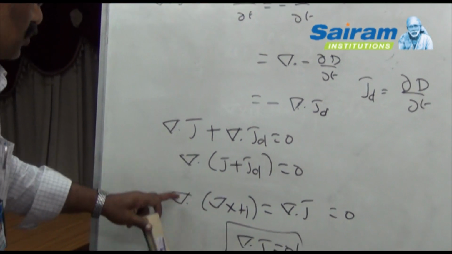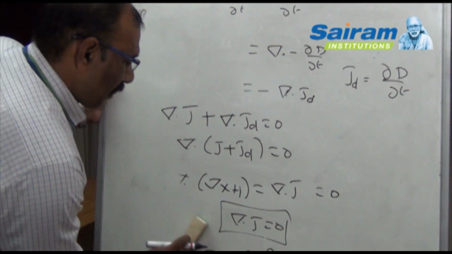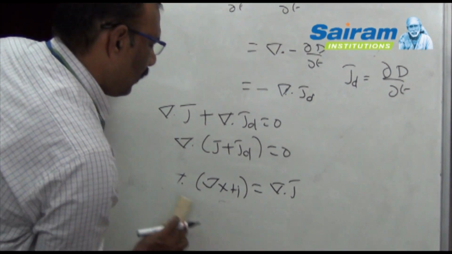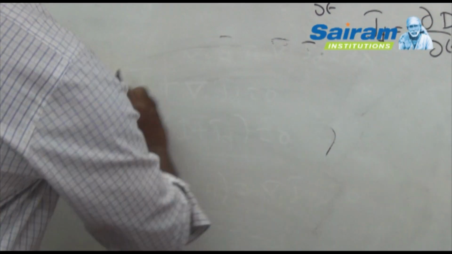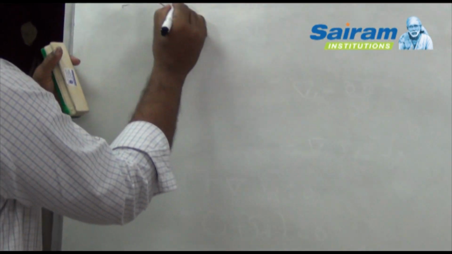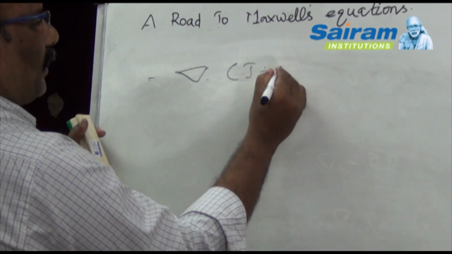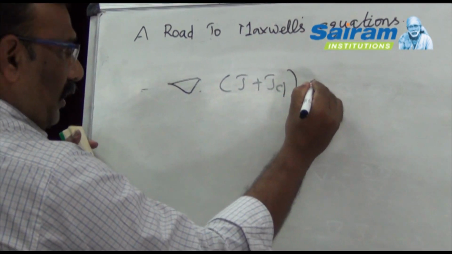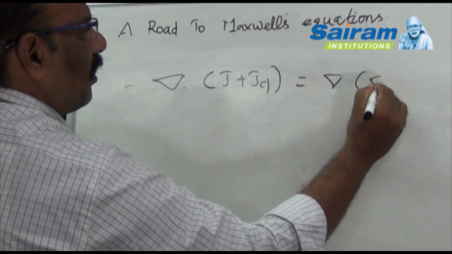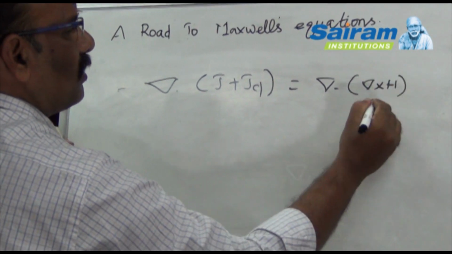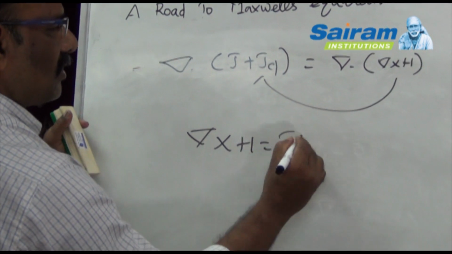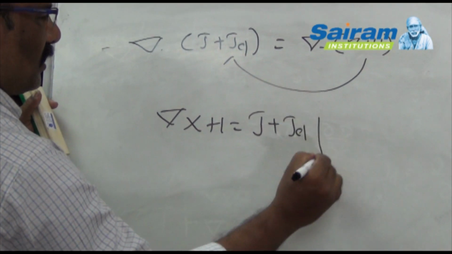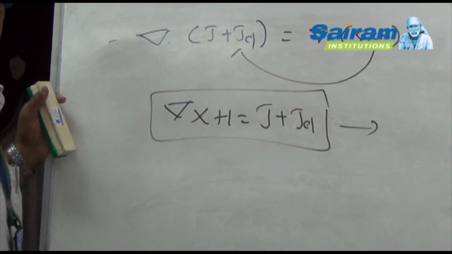So you combine these two expressions. From basic Ampere's law, combining these two equations, divergence of J plus JD equal to divergence of curl H. So combining this, curl H equal to J plus JD. This is the modified Ampere's law.